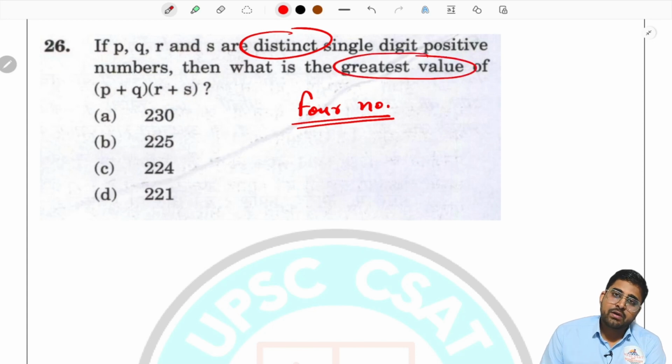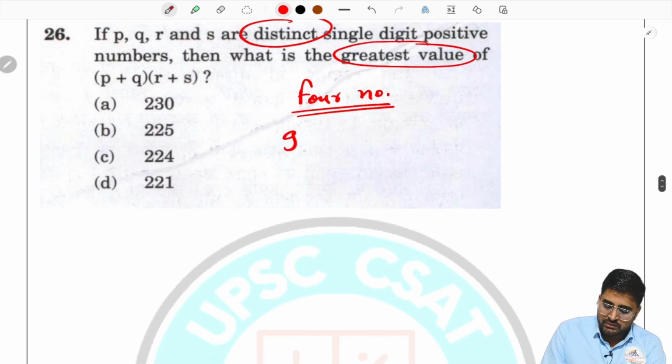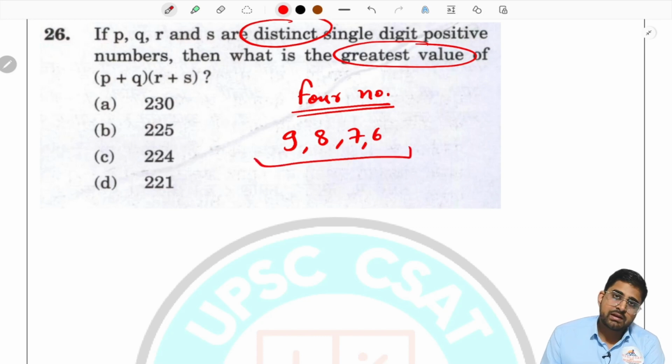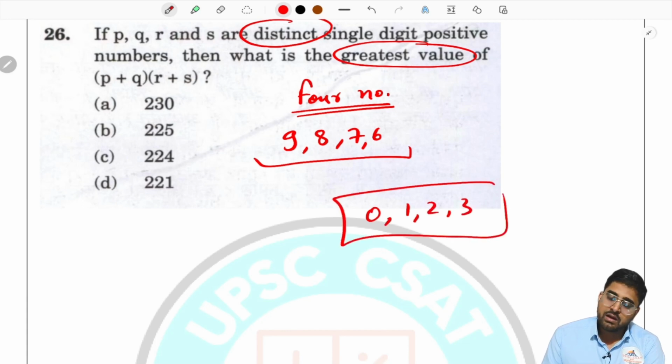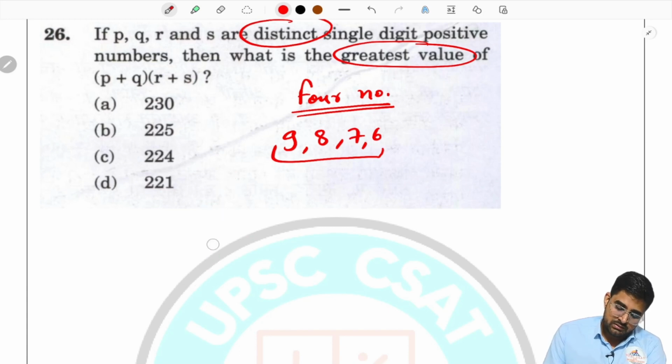We have to find the greatest value. Greatest value means only four numbers are possible: 9, 8, 7 and 6, because we need the greatest. If he asks the lowest, then it is 0, 1, 2, 3. Is that clear or not? So only four numbers are possible, but we do not know which one is P, which one is Q, which one is R, which one is S. This is the issue.